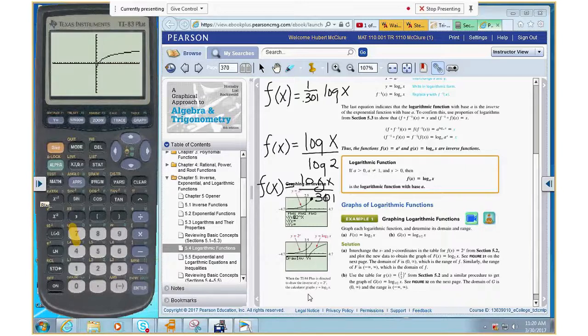Now, if you wanted to find the inverse, you know what to do. You substitute your y with your x, and then you solve for it. Okay? And you have to use your definition of a logarithm. And basically, you get y is equal to 2 to the x. Change that to x, change this to y, and solve for y.